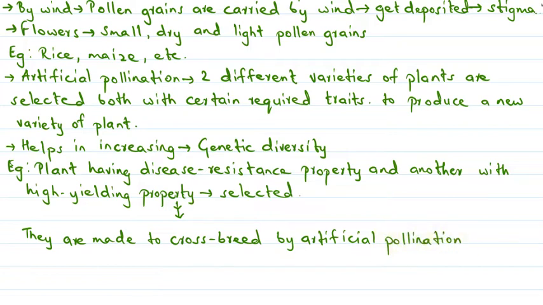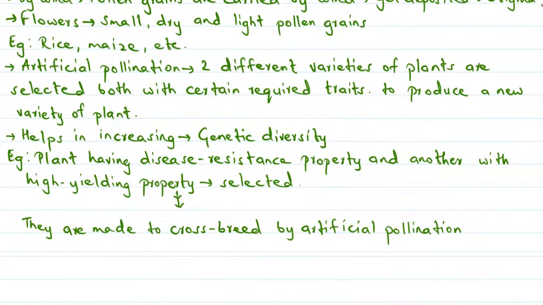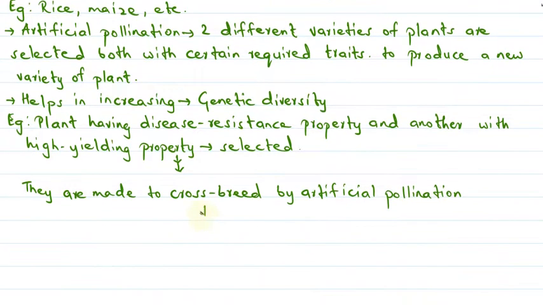Okay, and this will lead to the production of a new variety of plant which will have characteristics from both the parents. So this will lead to the production of a new variety of plant.